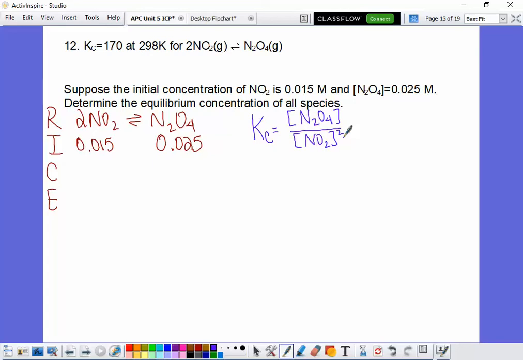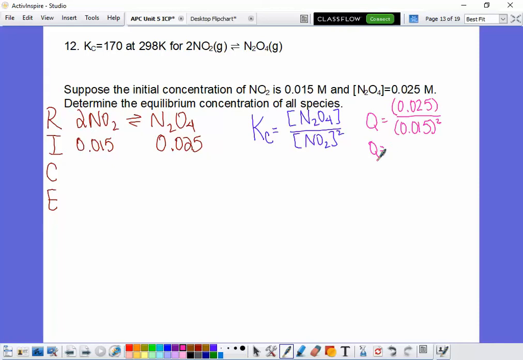And remember, Q is the equilibrium expression, or the equilibrium constant expression, but using initial values instead of equilibrium values. Okay? So my Q is going to be 0.025 over 0.015 squared.